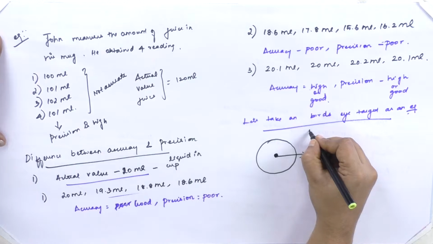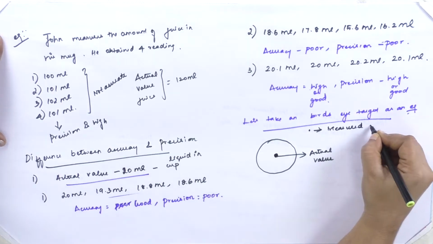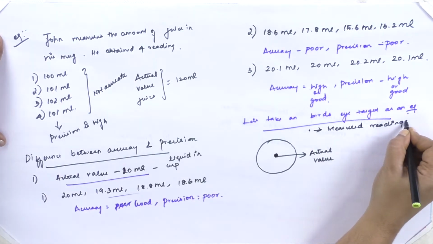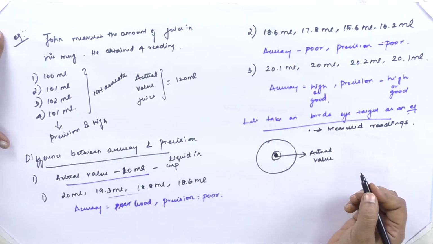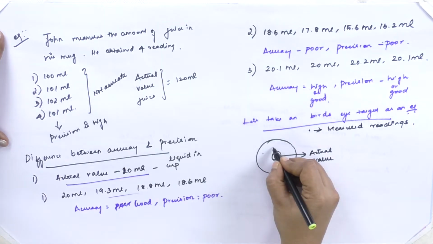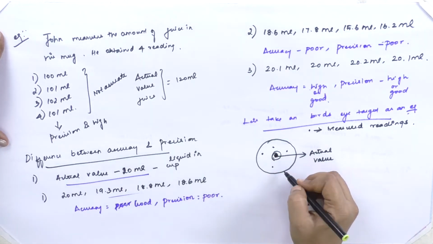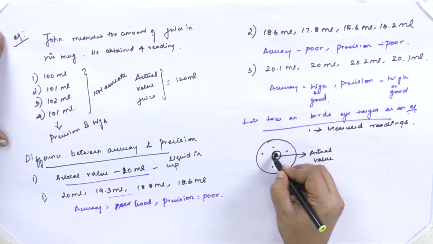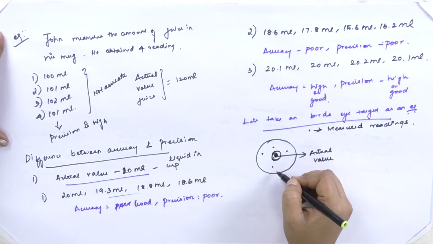I am going to represent the measured readings with the help of a dot. I have taken 5 readings, that is 1, 2, 3, 4 and 5. One of my readings falls inside the actual value and the other readings are scattered outside the actual value.